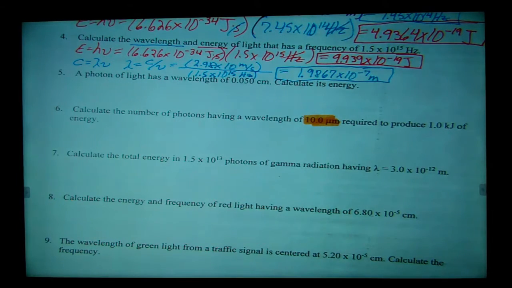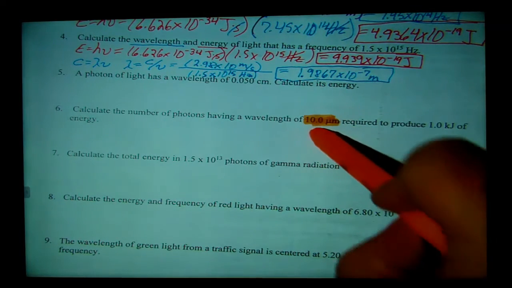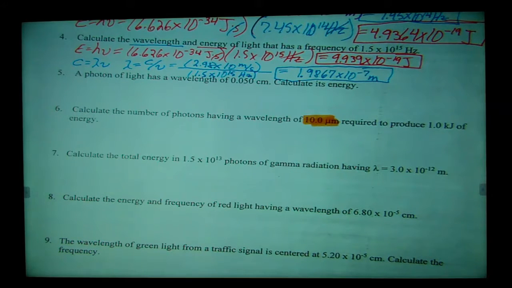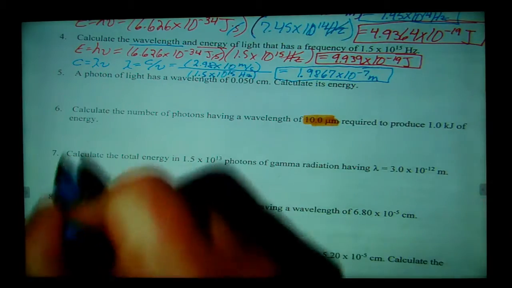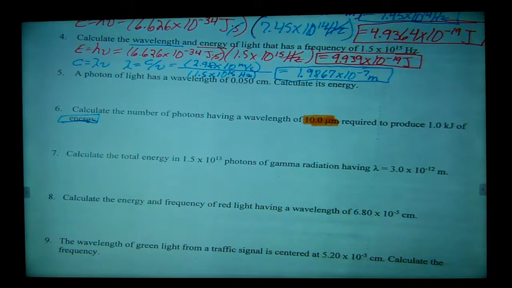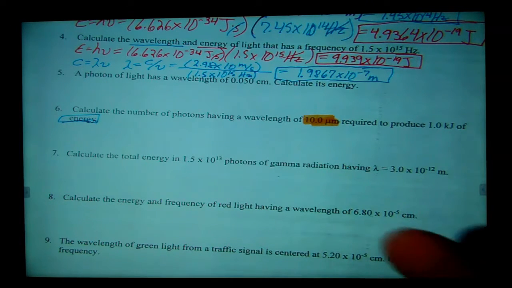That's the wavelength for one of those photons. We can use that wavelength to calculate out the energy for one of those photons. Once we have the energy level for one photon, we can work from the energy we're trying to produce and calculate out how many photons it will take. So in this, we need to find the energy. We have wavelength, so we need to first calculate what?